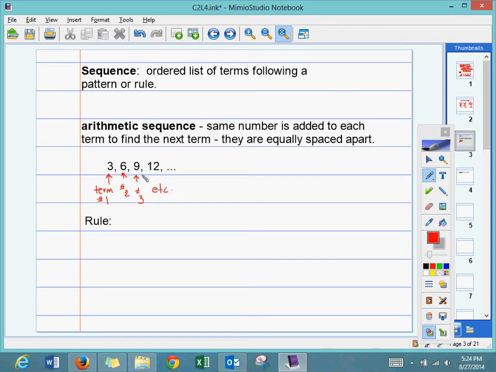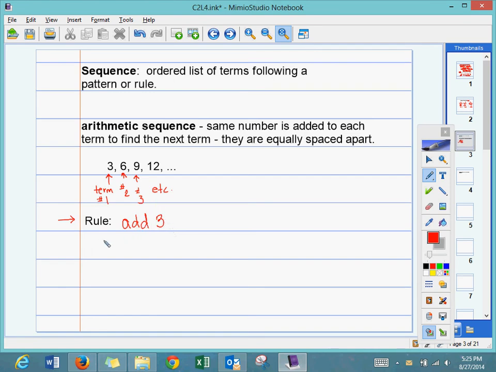So each number has a value, 3, 6, 9, 12, and it has a term number, or the position in the list, 1, 2, 3, etc. Now all sequences will have a rule. This rule in words would be, what are you doing to each number to get the next one? 3 to 6, 6 to 9, you are adding 3. So we're going to write add 3.